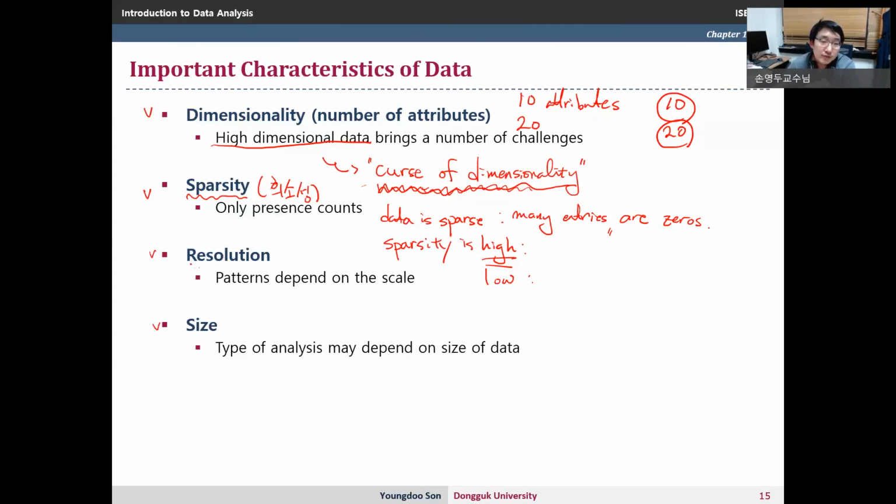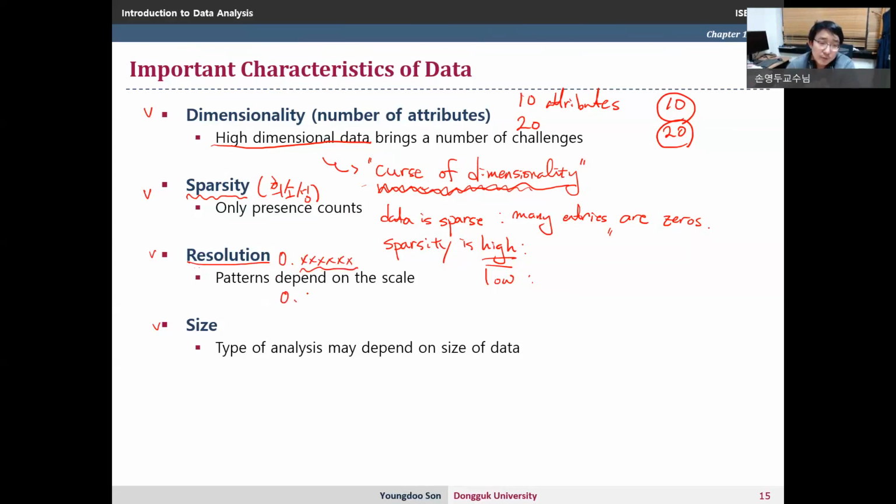And here, the resolution. Resolution means how precise your data attribute values are. If your data attributes have, for example, 6 digits after the decimal point, then we can say that it has high resolution.